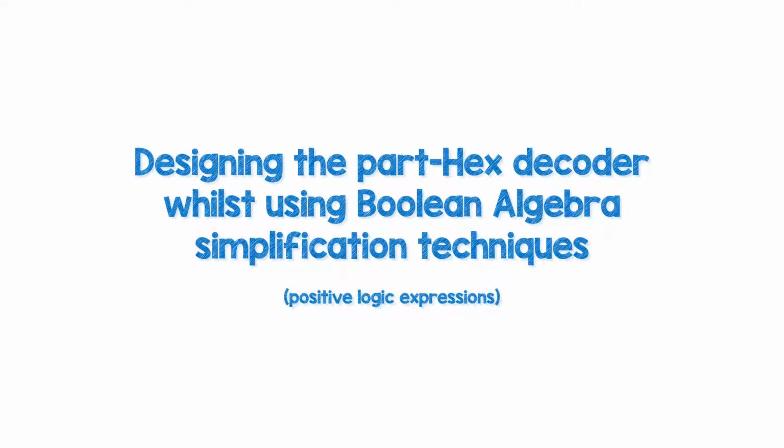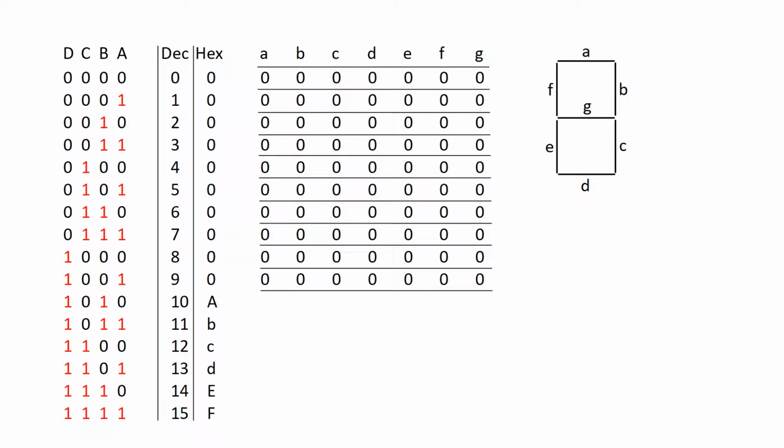Now we're going to design the part hexadecimal decoder whilst using Boolean algebra simplification techniques with positive logic expressions for when the output is true. So here we have a table of binary inputs, the decimal equivalent number and the hexadecimal equivalent number, and we've got a table of 7 segment displays.